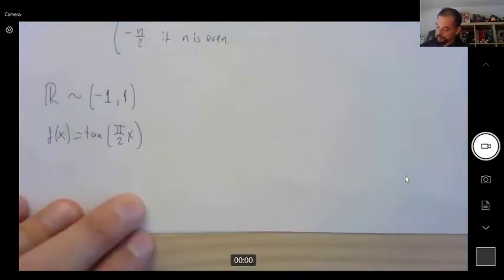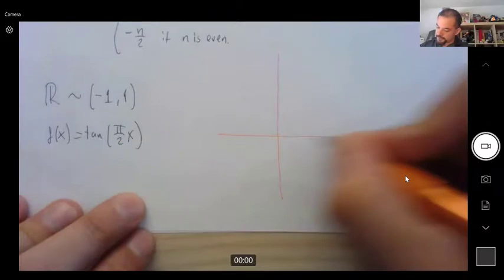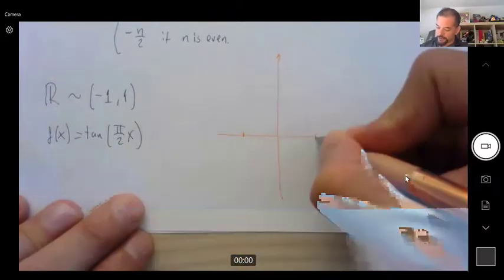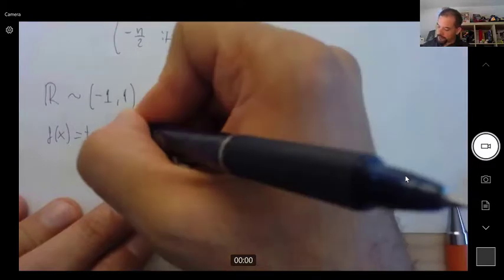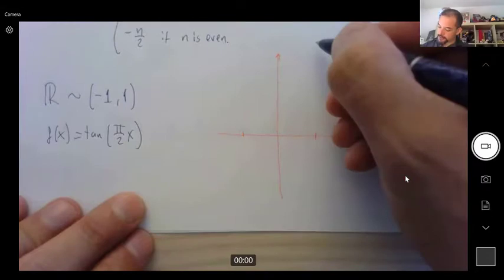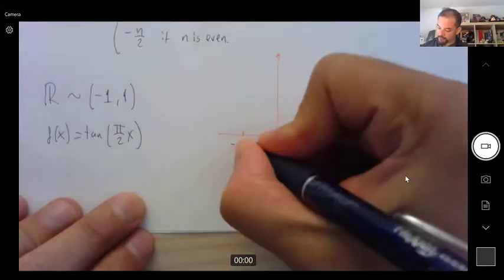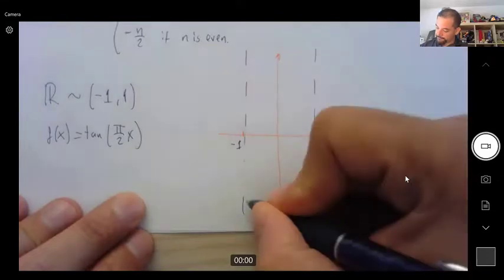And if I were to draw you that function, it looks like this. It's like the tangent function, but I multiply by pi over 2. So instead of having asymptotes at negative pi over 2 and at pi over 2, it's going to have asymptotes at -1 and 1 right here. And it looks like this.